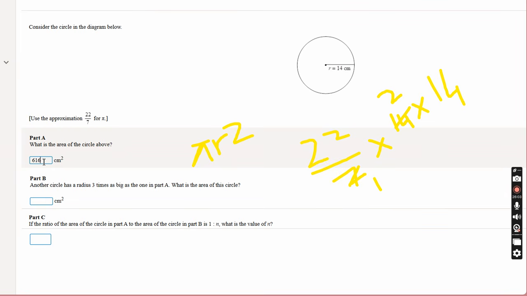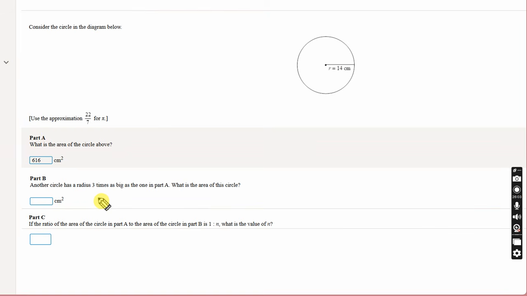So 616. The next one is another circle has radius 3 times larger. What is 3 times larger? The radius is 3 times larger. Don't get confused. Don't multiply part A by 3. No, the radius. So 14 times 3 is 42. Now use the formula pi r square.